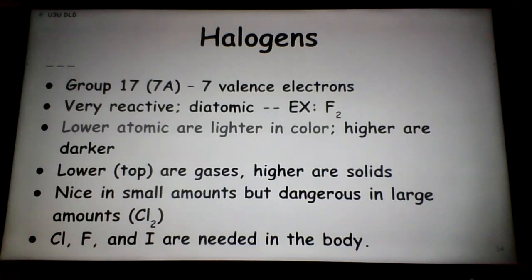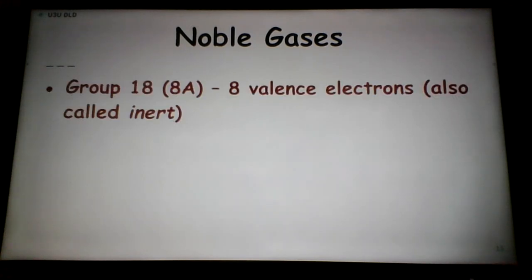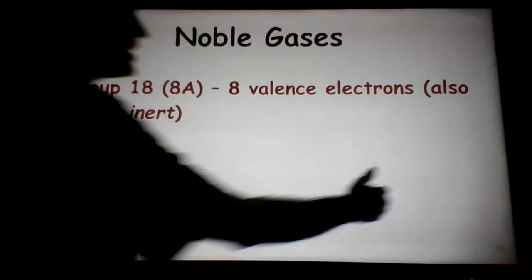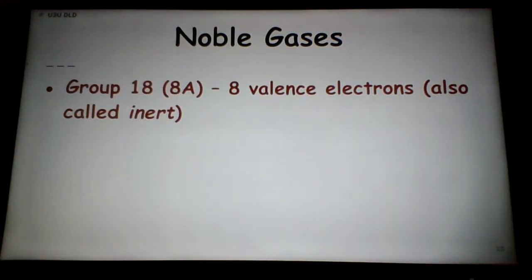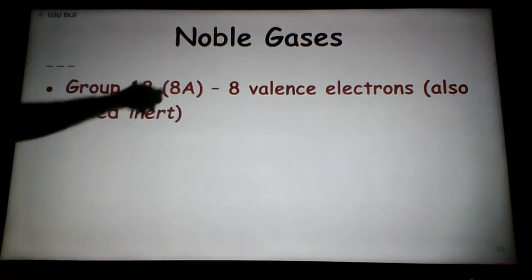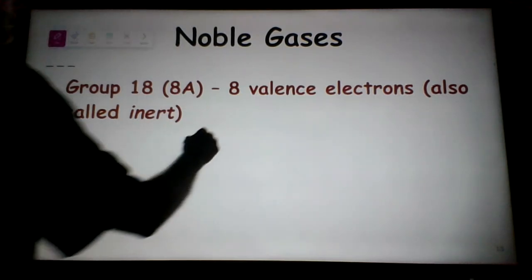Now, ready? Okay. The last group to the right is called noble gases. This is very, very stable. So if I had the periodic table up here, it'd be to the far right. And you'll see that again in just a little bit. Group 18 or 8A, 8 valence electrons except for helium. I'm going to list those here again.